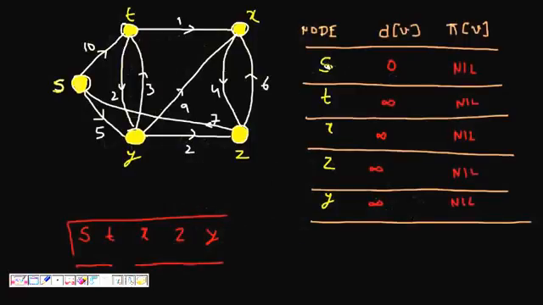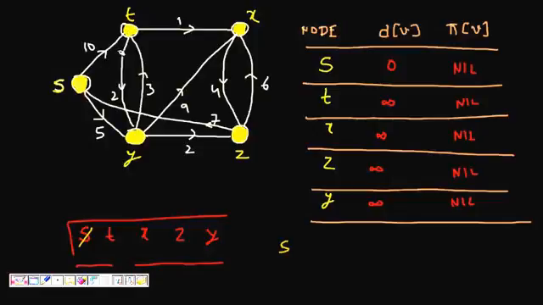Extract-min is based on the distance, so it is 0 for the source and infinity for all other nodes. So S will be extracted first, as it was 0, and then from S we look and progress in the graph. Its neighbors are y and t. Let's say we come first to t.